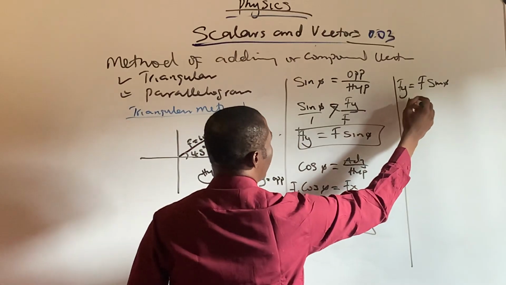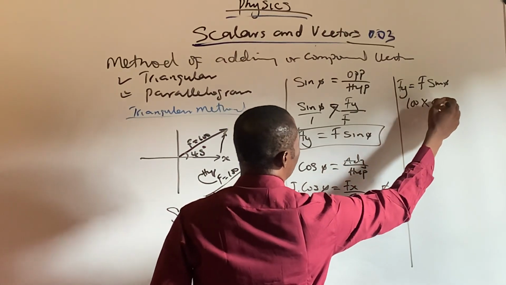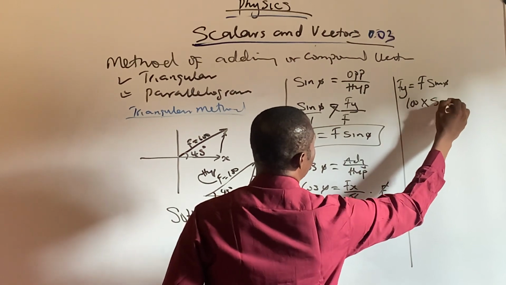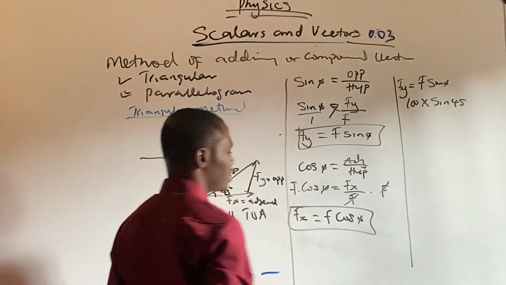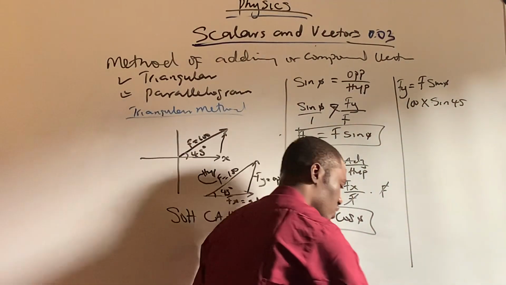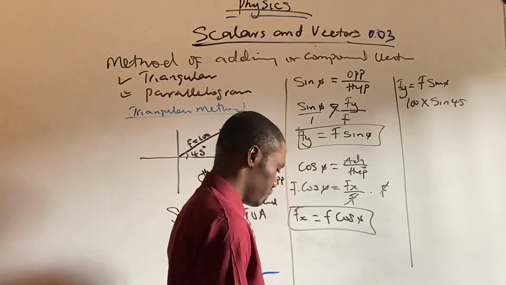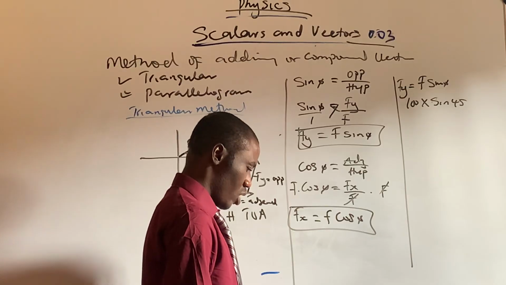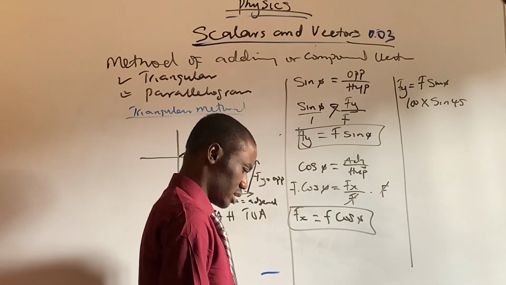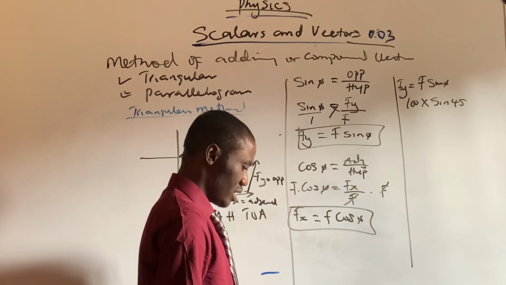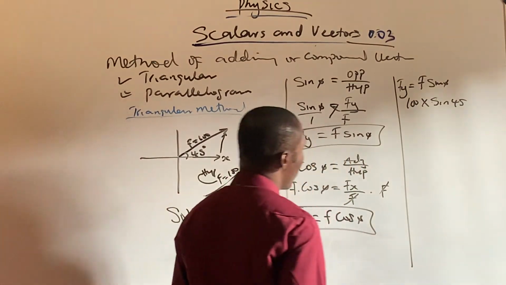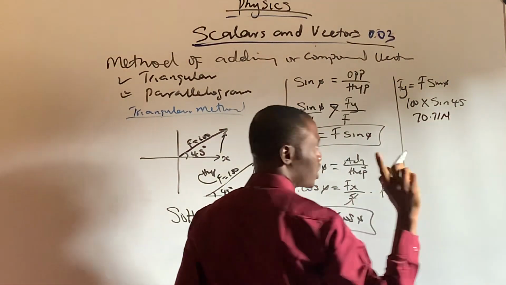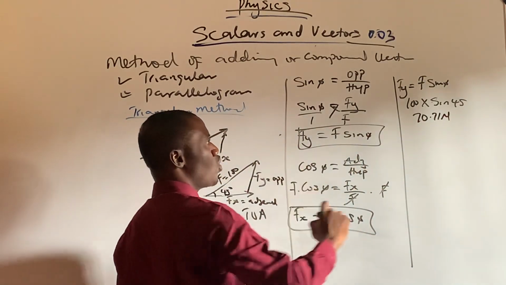And the force we have there is 100 times sine 45. Let's use the calculator. So we have 100 times sine 45. That will give me 70.71 Newton.